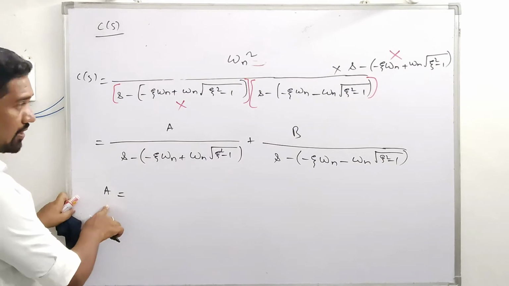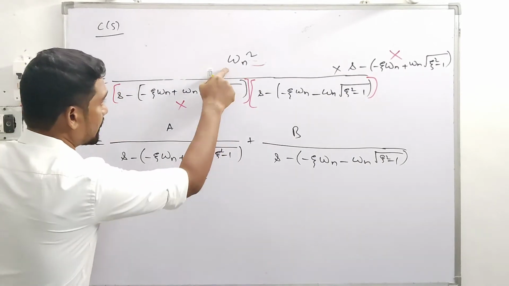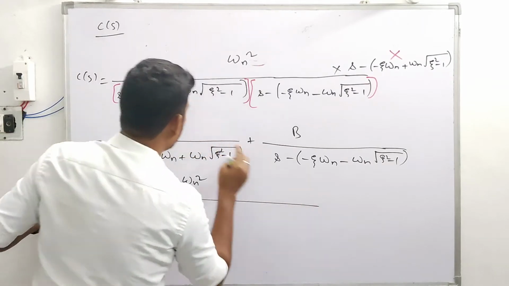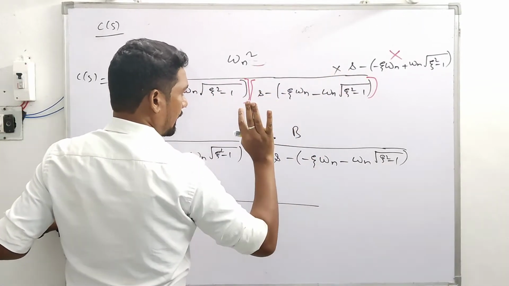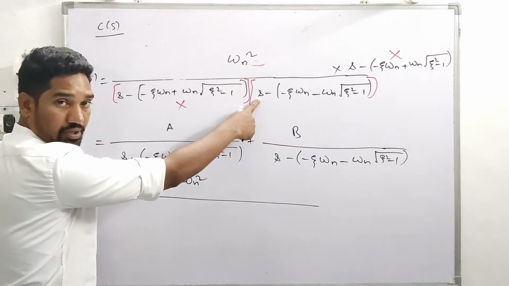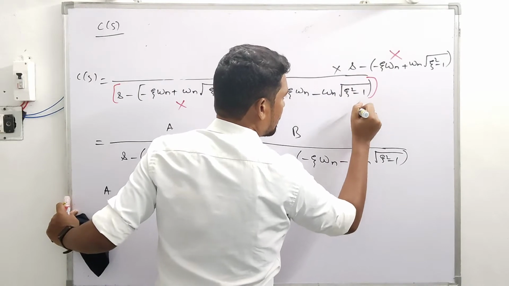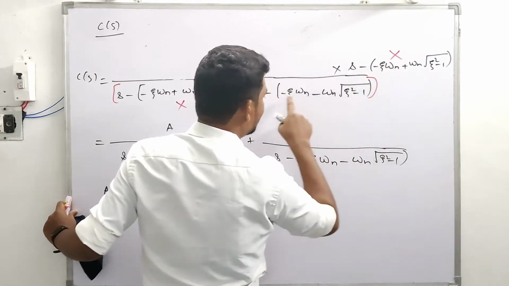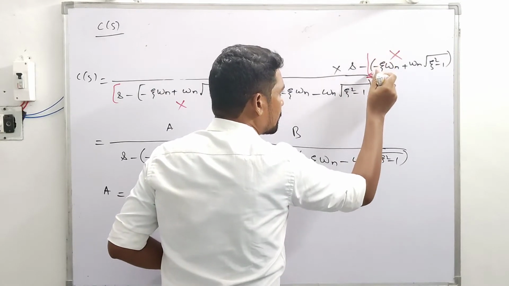And so what is left over? We are evaluating for A, isn't it? What is left? Omega n is not cancelled from this one, upon these two are cancelled. All right, so we don't have that anymore, and we have s over here. This s is plugged in with this one. Now only this s is plugged in with this value.